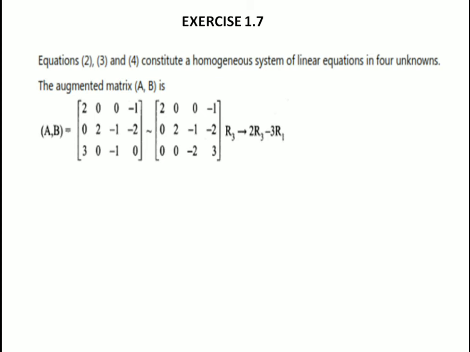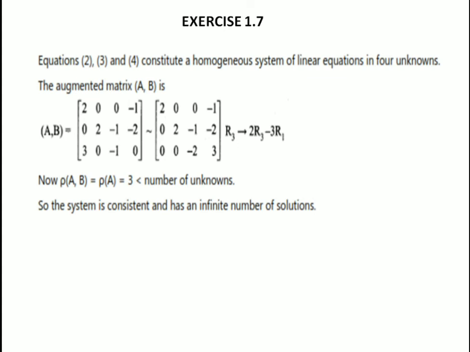Equations 2, 3, 4 form a homogeneous system of linear equations in 4 unknowns. In the augmented matrix [A, B], you change R3 to R3 minus 3R1. Then you get the rank of [A, B] equal to the rank of A equal to 3, less than the number of unknowns.